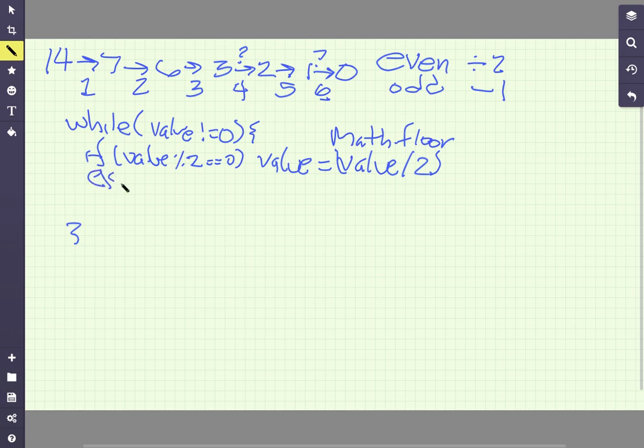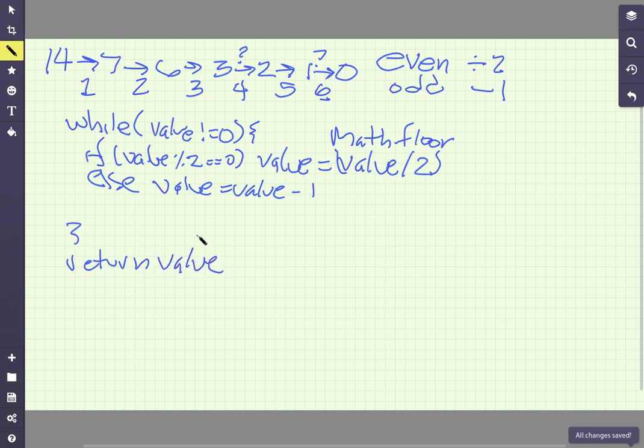Else, we're going to just do value is equal to value minus 1. And that's really it. And then return value, or num, I guess, in this problem.